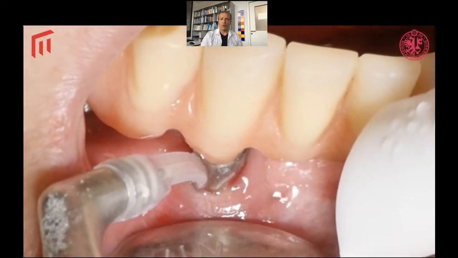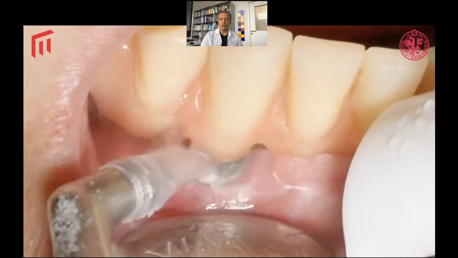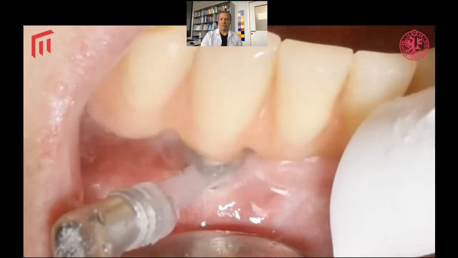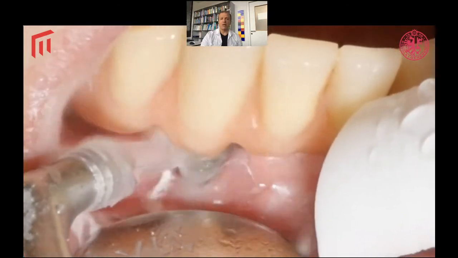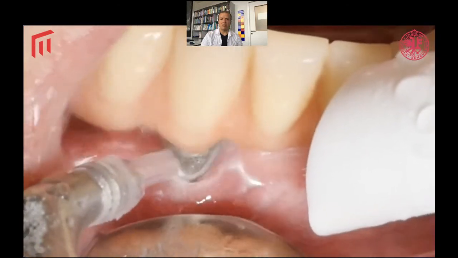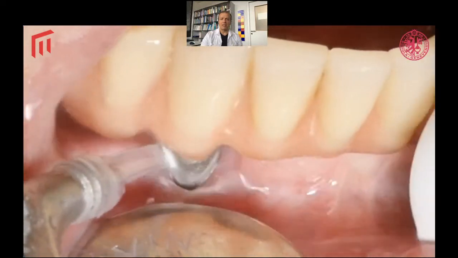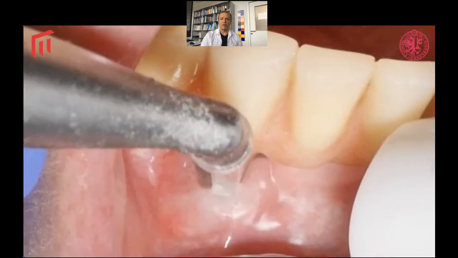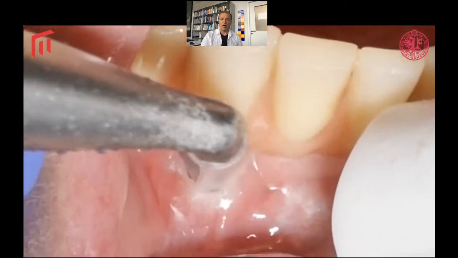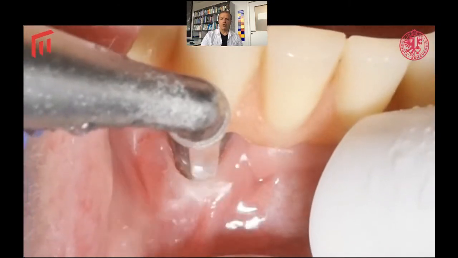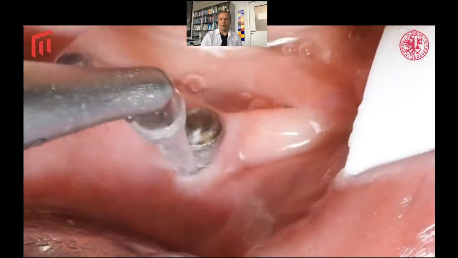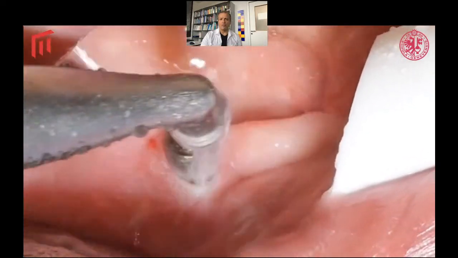When we want to go subgingivally, submucosally in a peri-implantitis case, we have these elastic tips, this specific airflow device from W&H, and as you can see, it has this elastic tip that bends nicely, can get easily into the pocket, and throws with pressure powder and water, and that goes and removes a big part of the biofilm on the implant surface.